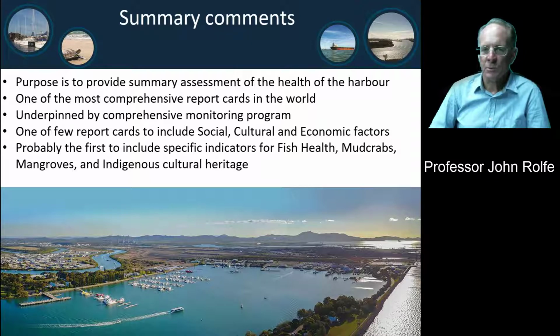It's one of the few report cards to go beyond environmental factors and include social, cultural and economic assessments. And it's certainly one of the first to include specific indicators for some elements of the report card, especially fish health, mud crabs, mangroves and Indigenous cultural heritage.